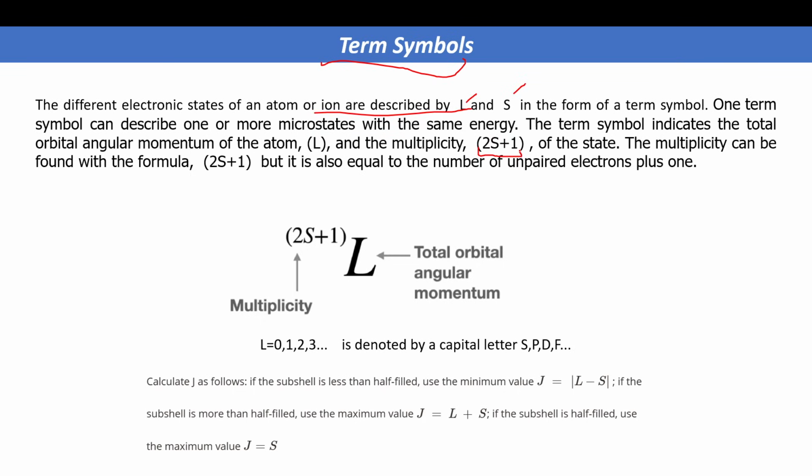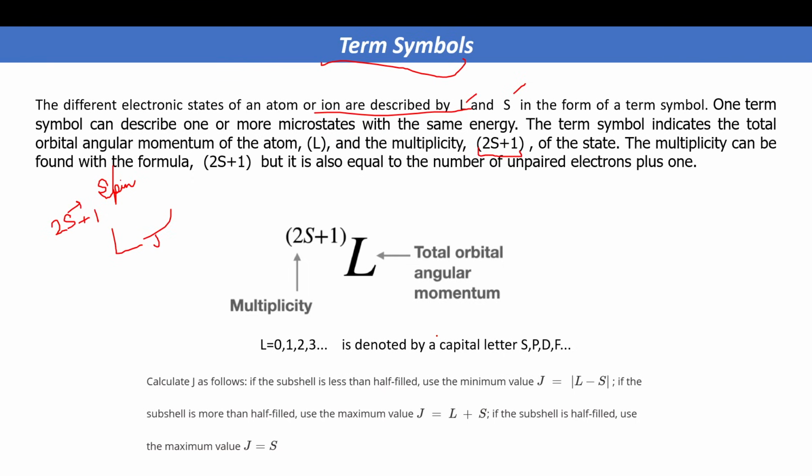Multiplicity is given by 2S plus 1. So your term symbol is denoted by 2S plus 1 L. So what is S? S is your spin, and 2S plus 1 is your multiplicity. L is your total orbital angular momentum. Now here comes your J. And what is J?